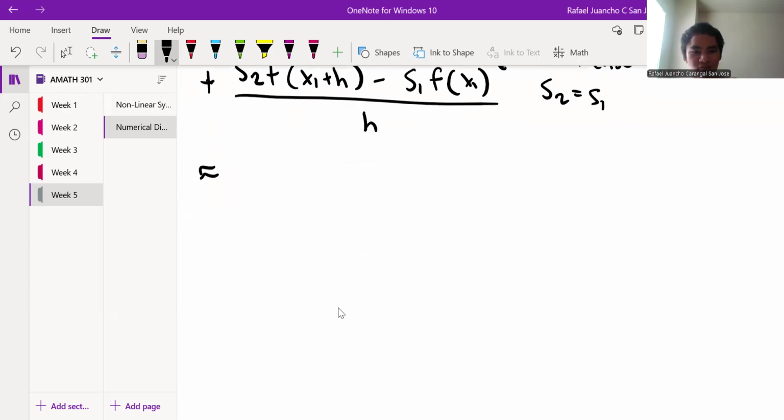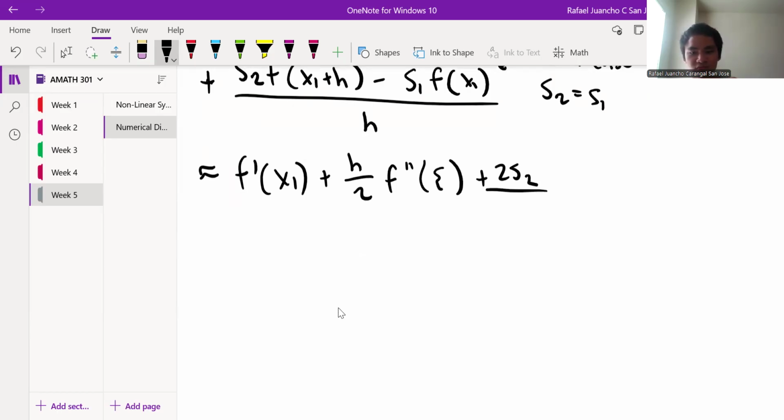Approximately, this is just my derivative, or it's actually my Taylor thing. H of 2. Then there's my error term plus 2s2 or s sub 2 over h f of x sub 1 for h small, right?